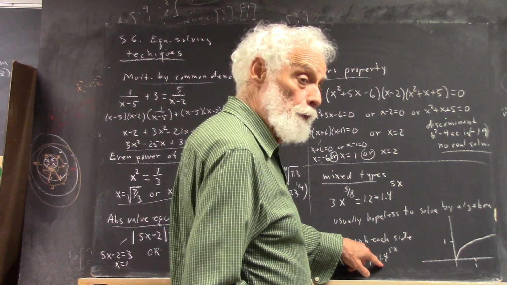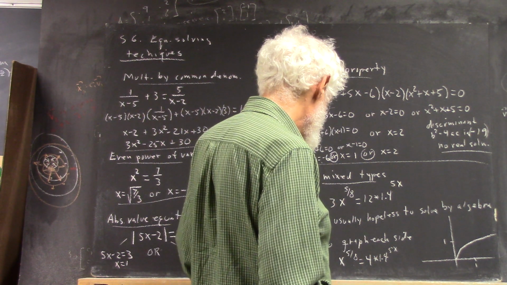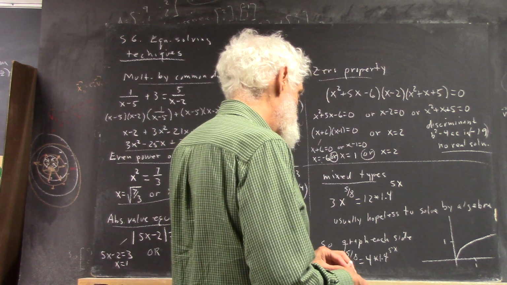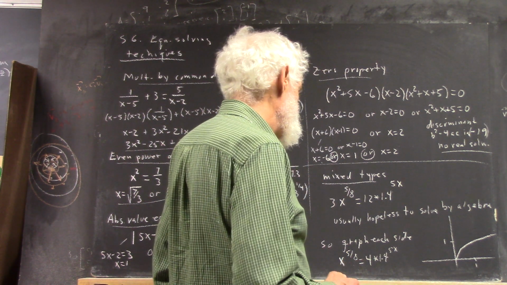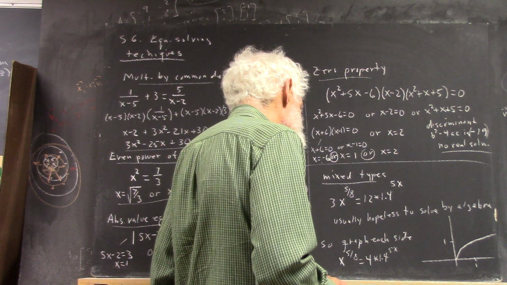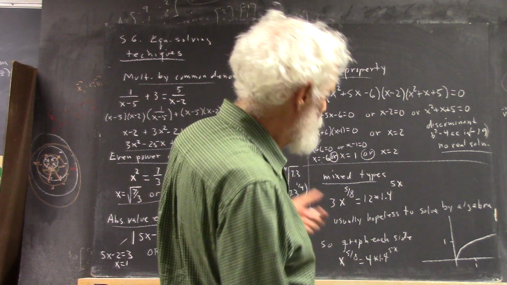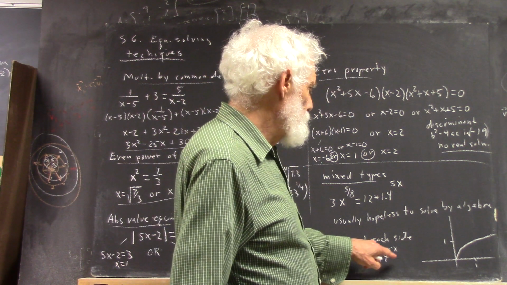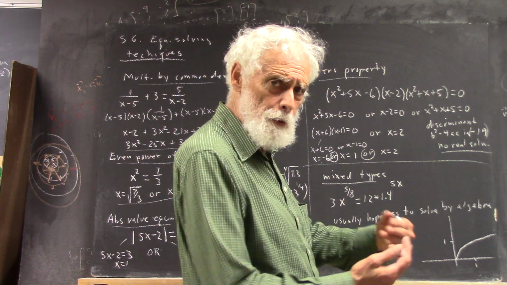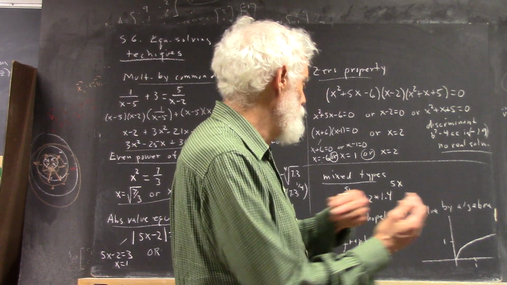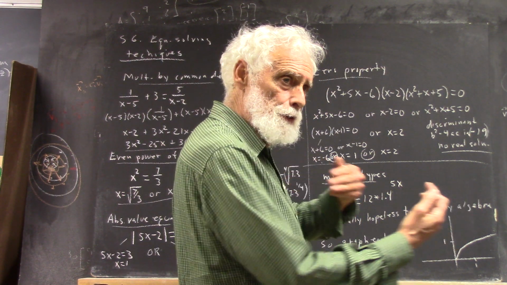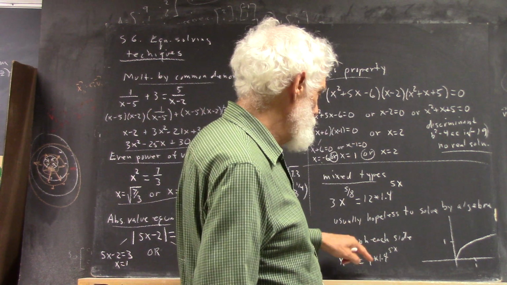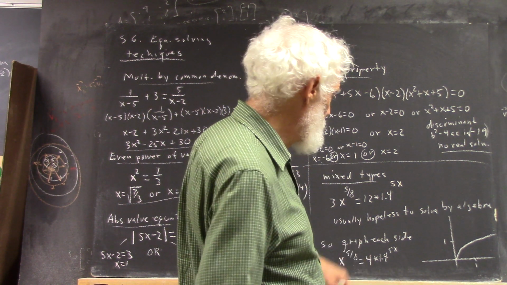Okay, so 1.4 to the 5x has a graph that, I don't want to go into all the details, I'll just say them. You're taking the 1.4 to the x function and compressing it horizontally, squeezing it toward the y-axis by a factor of 5, and then you're multiplying that by 4.